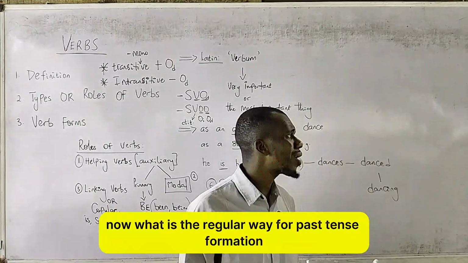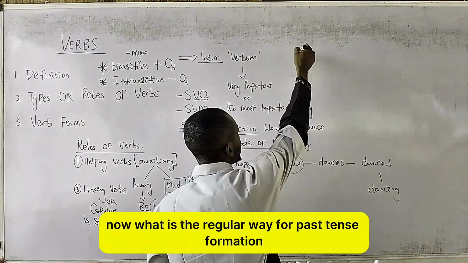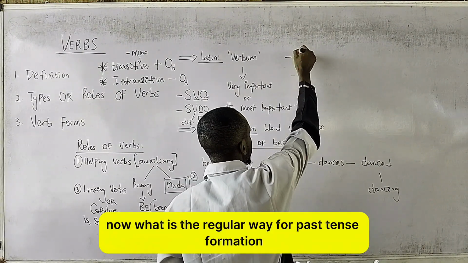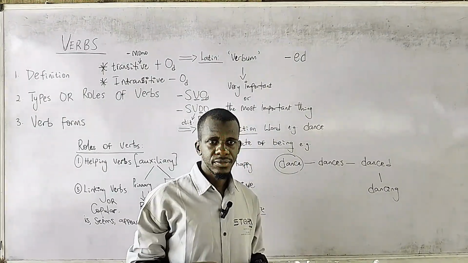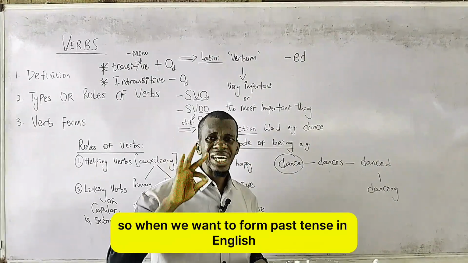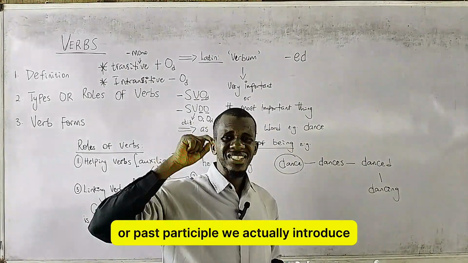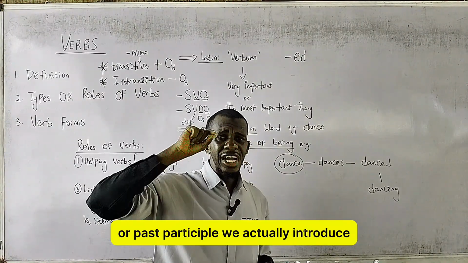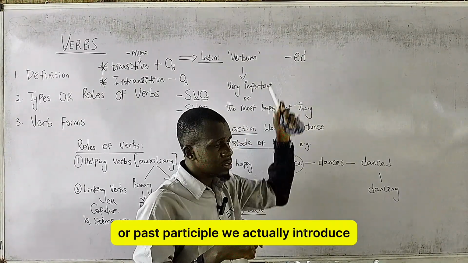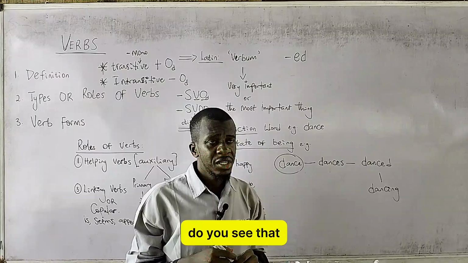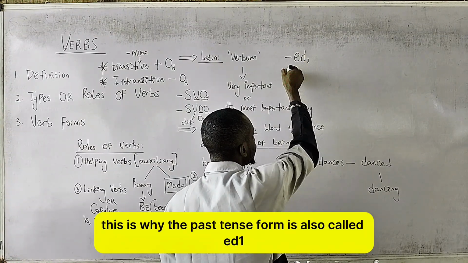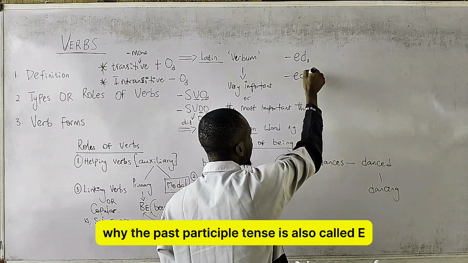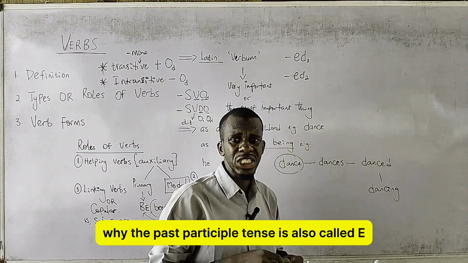Now, what is the regular way for past tense formation? It is with the addition of what we call ed. So when we want to form past tense in English or past participle, we actually introduce ed. Do you see that? This is why the past tense form is also called ed1, while the past participle is also called ed2.